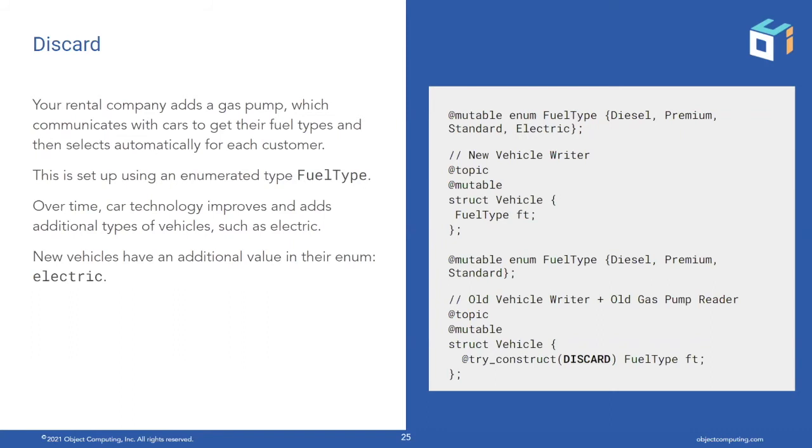But as the earlier story suggested, we have added electric vehicles to our fleet, which would have no use for this gas pump. And so the enum has expanded to have electric in addition to diesel, premium, and standard. And so we have added the discard annotation to our fuel type for the gas pump.